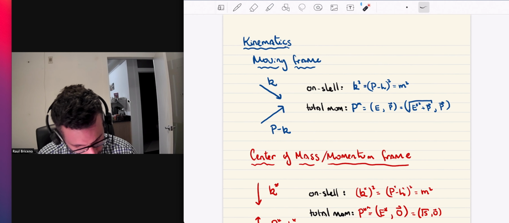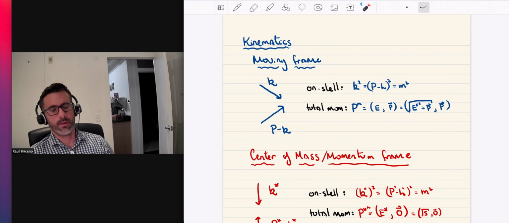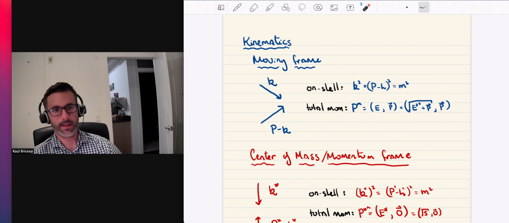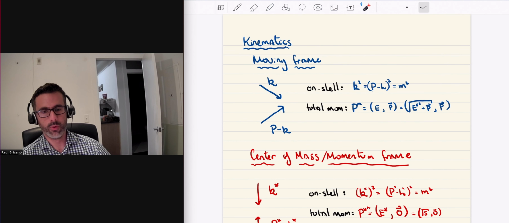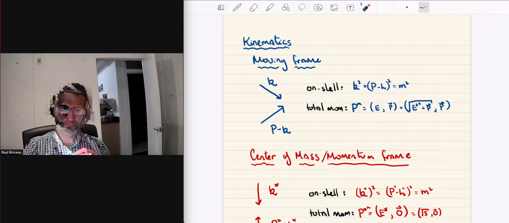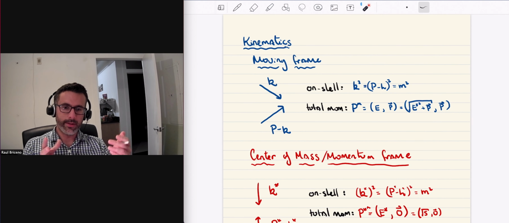All right, so where was I? If we're thinking about the scattering amplitude, it's always convenient to think about the center mass frame, well, sometimes more than others, because we're going to be ultimately thinking about lattice calculations where the quantities we're interested in are not Lorentz scalars.